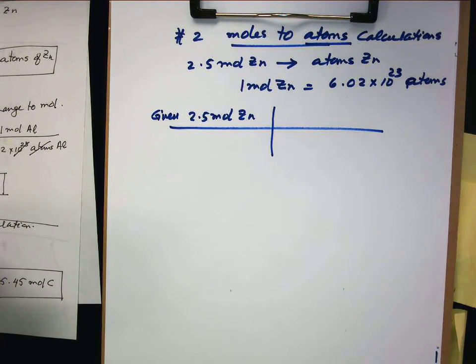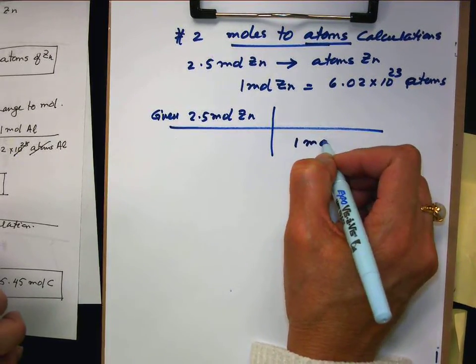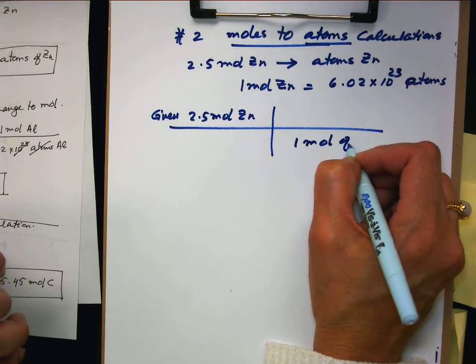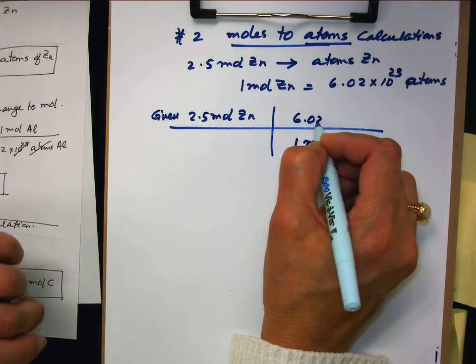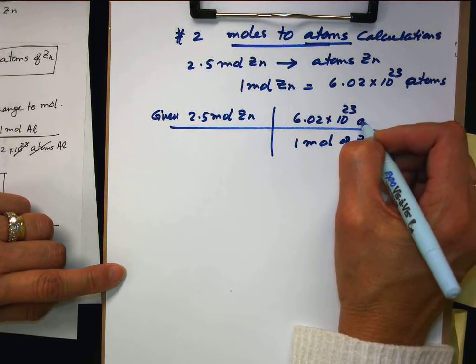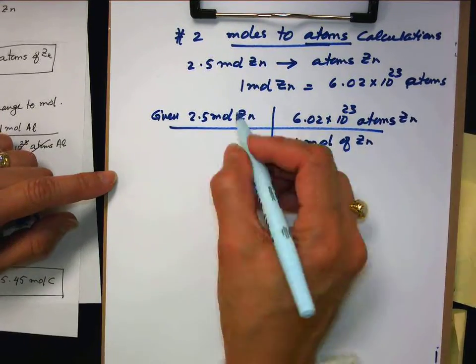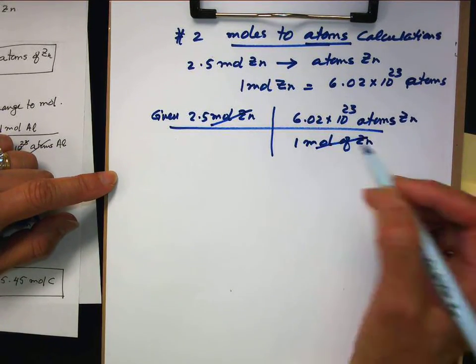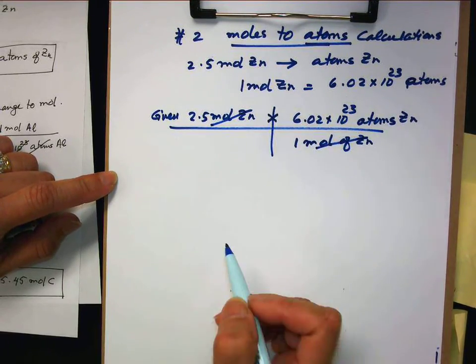Where will the 1 mole be? At the bottom. 1 mole of zinc and 6.02 times 10 to the 23 atoms of zinc. All right, so mole of zinc cancels.